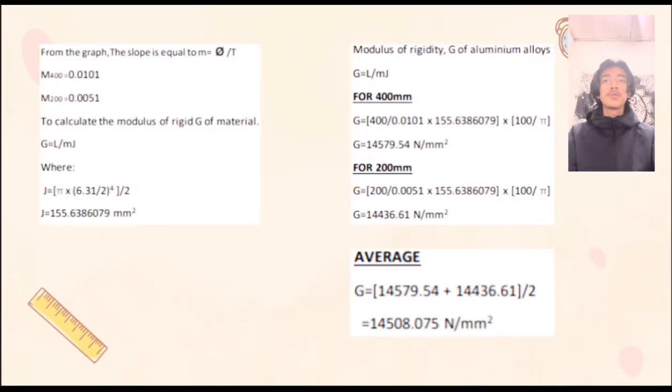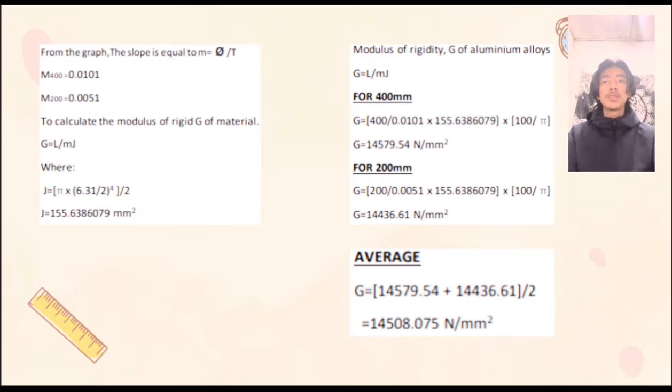The reason we need the graph is that from it we can get the slope, m, equal to angle of twist divided by torque. The slope we get for m for 100 millimeter is 0.0101, and for 200 millimeter it is 0.0051. To calculate the modulus of rigidity G of the material, the formula is G equal to L divided by mJ.